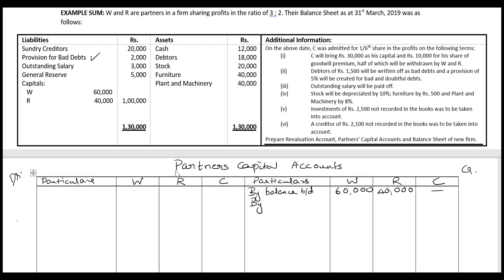We'll insert the capital which is brought in by the incoming partner C by cash account. We are using cash account because on the asset side it says cash account here and not the bank account. C is bringing in rupees 30,000 as his share of capital. Next, we will transfer the loss on revaluation.